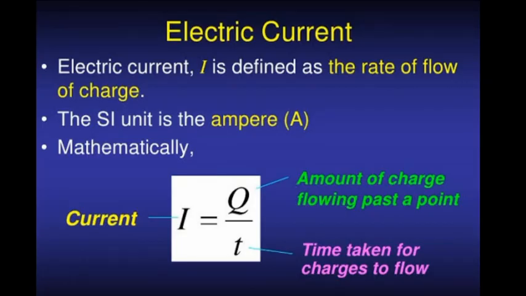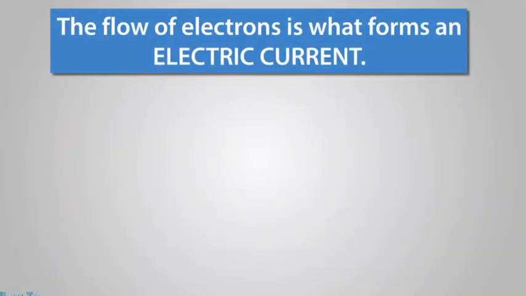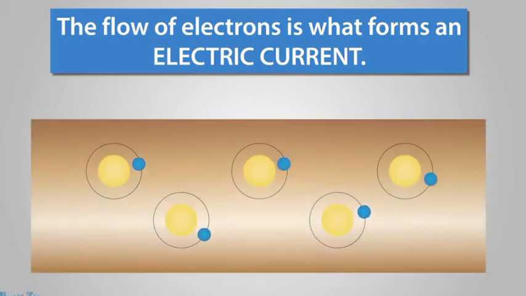We define the electric current as the rate of flow of charge, or the amount of charge flowing through any cross section of a conductor in a given time. Then, how are these electrons able to flow from one point to another point through a conducting material?